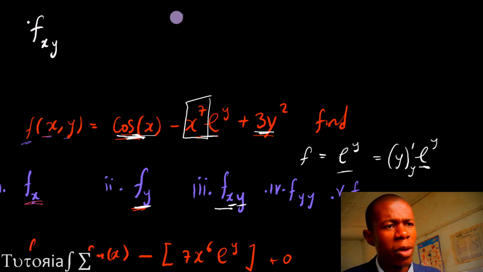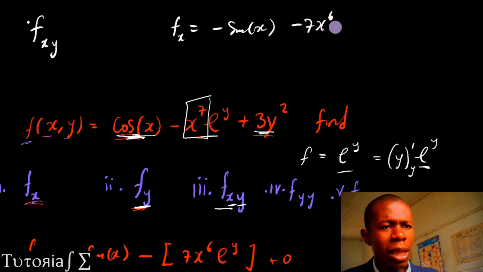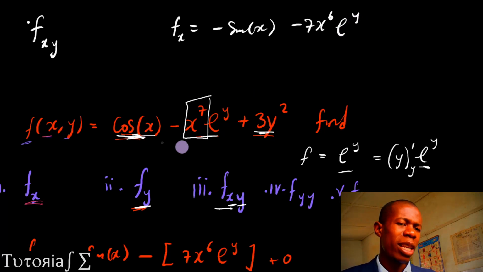First of all, we need to find f with respect to x. We differentiate this with respect to x, which will give us negative sine x. Here it will be negative 7x to the power 6 e to the y plus 0. So we've already had that one.